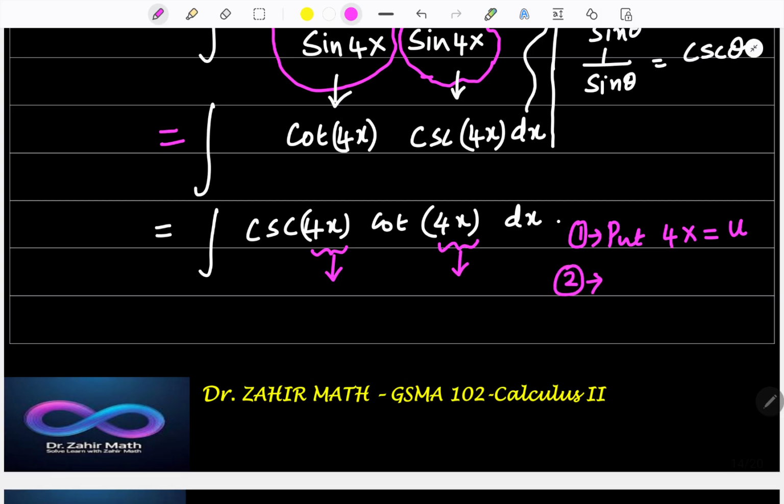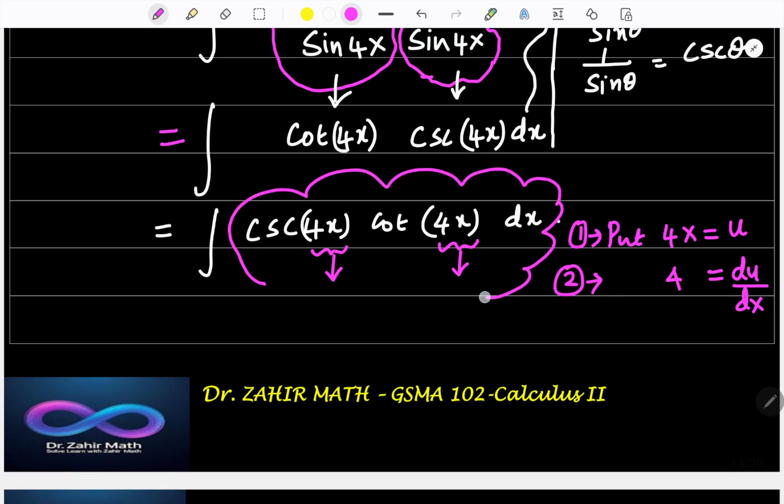Step number 2 is you take the derivative with respect to x, du by dx. What is the derivative of 4x? Which is 4, right? Now, what is the meaning of the substitution method? You have to convert everything in terms of u.